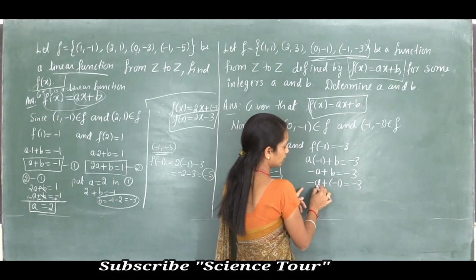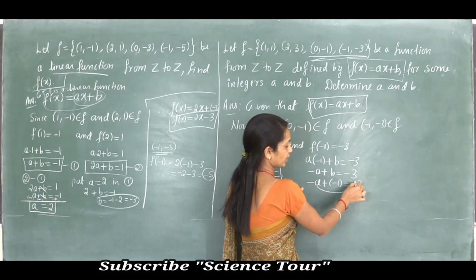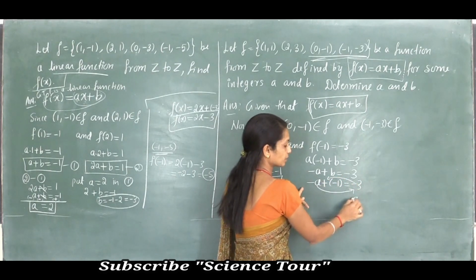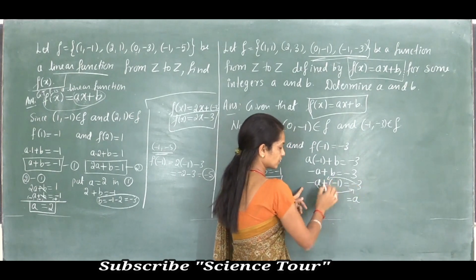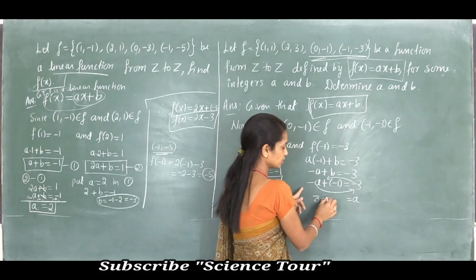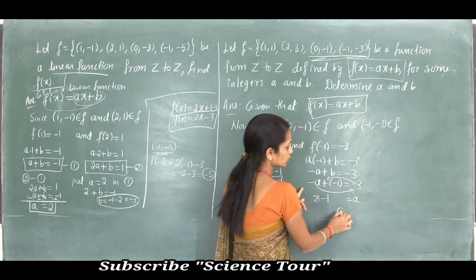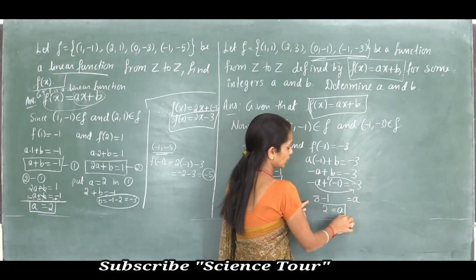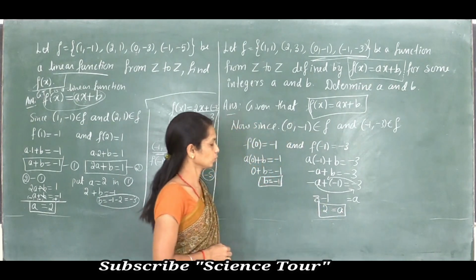I'll shift minus a to that side and minus 3 to this side: plus a equal to minus 3 plus 3... plus into minus is minus 1, and what is a equal to? a is equal to 3 minus 1, that is 2. So a is equal to 2 and b is equal to minus 1.